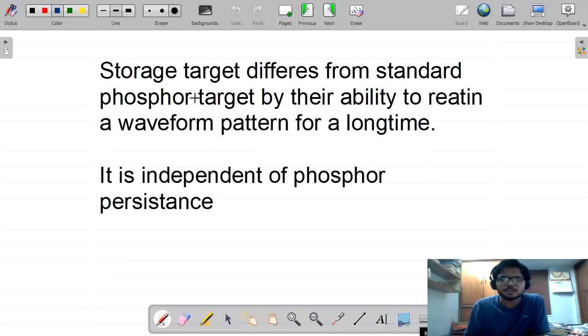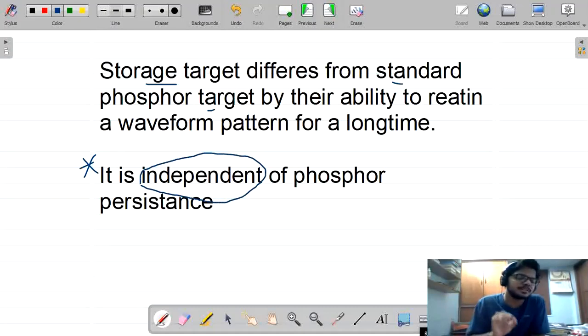So the storage target differs from the standard phosphor target by its ability to retain the waveform for a long time. It is independent of phosphor persistence. This is an important point to note: this complete process is independent of the persistence of a phosphor.